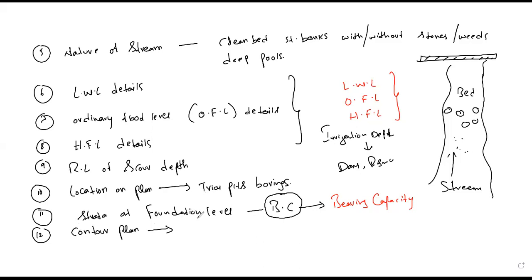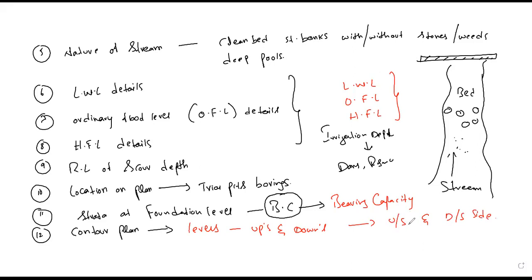Sir, it tells about slope. Sir, valleys or hills, it tells about reduced levels. It will give levels, ups and downs. Understand? So contour plans will give the ups and downs of the bed of the river, on both sides, on the upstream side and downstream side.